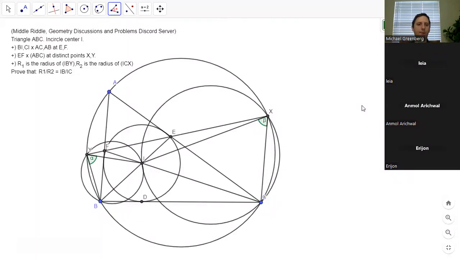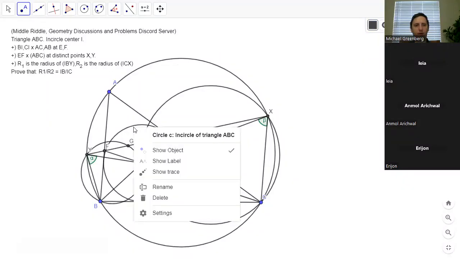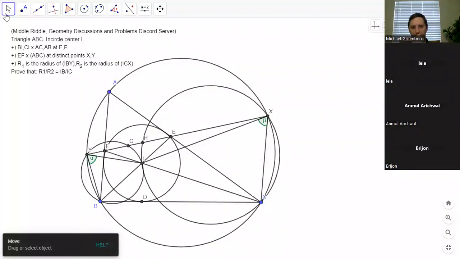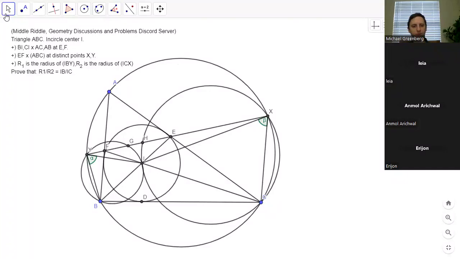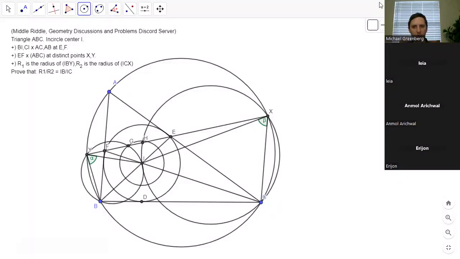All right. Wonder if it's worth drawing these two points. I don't even know how important the incircle really is. I'll leave it there. IG equal IH? No. Okay, I'm going to delete those points.